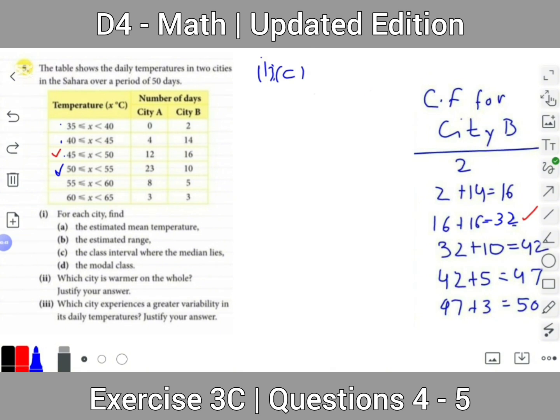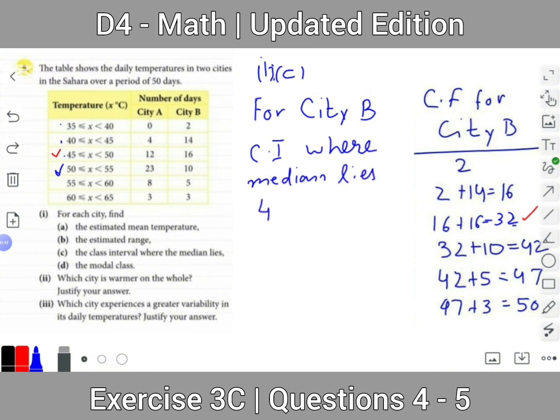So for city B, the class interval where the median lies is 45 less than or equal to x less than 50.